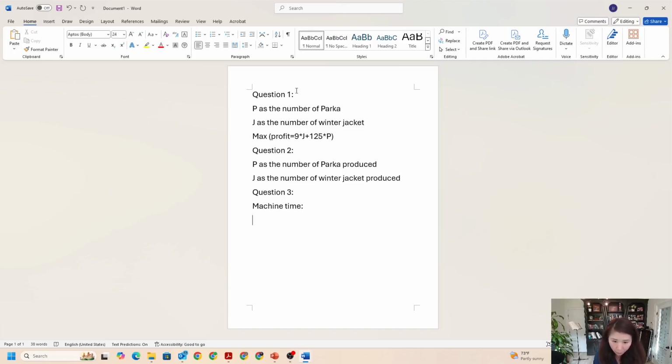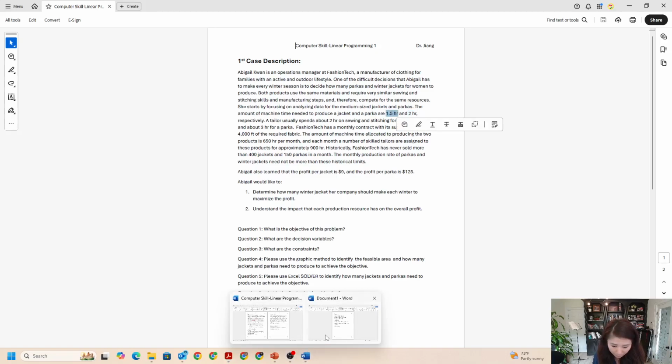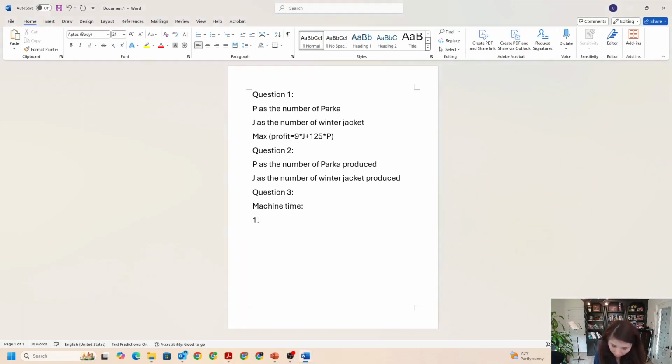Parker takes 2 hours, and the winter jacket is 1.5 hours, times J, plus 2 hours times P.